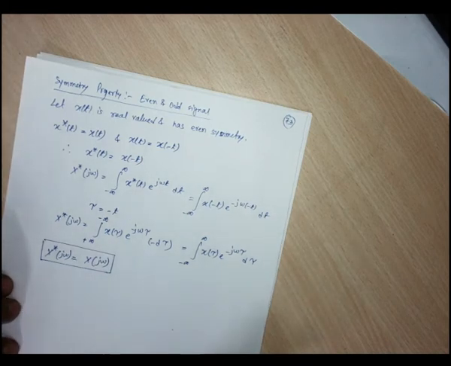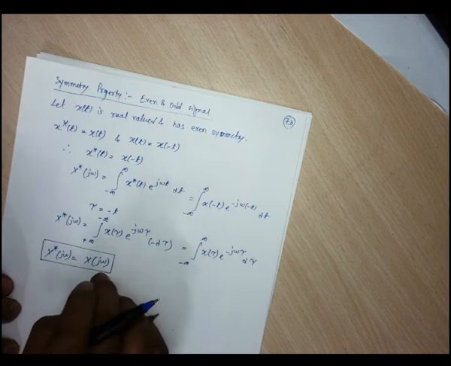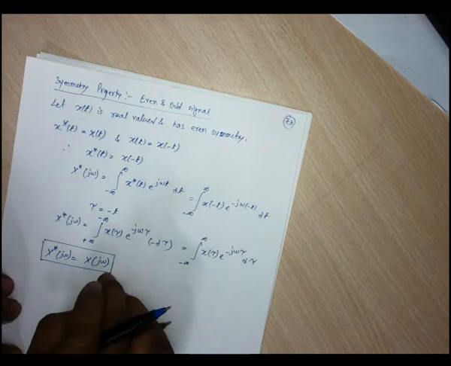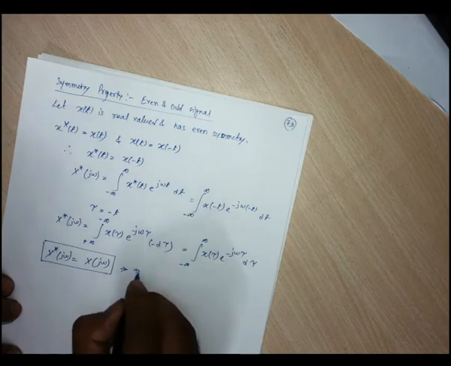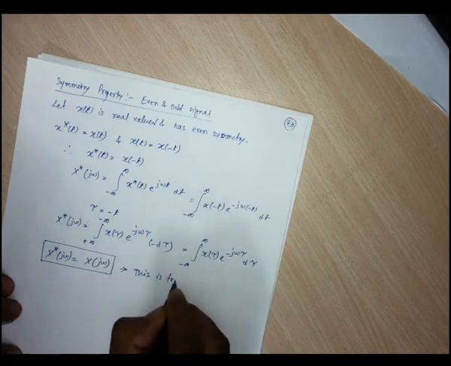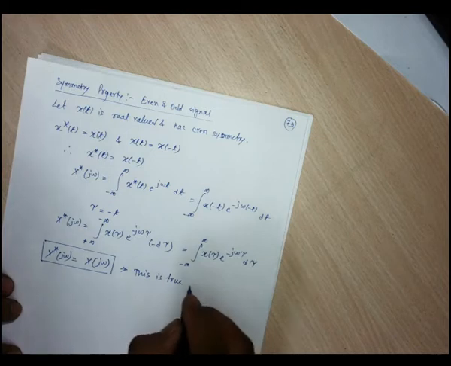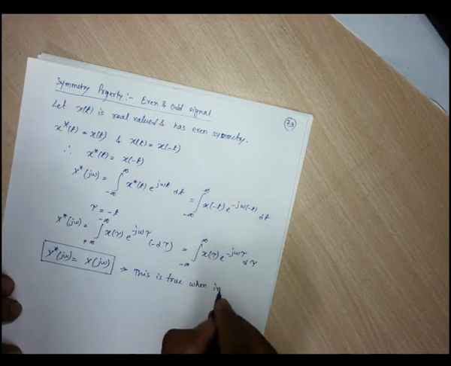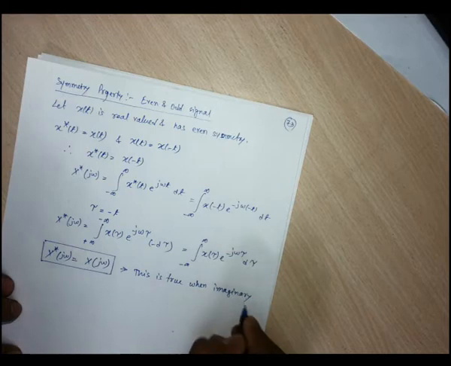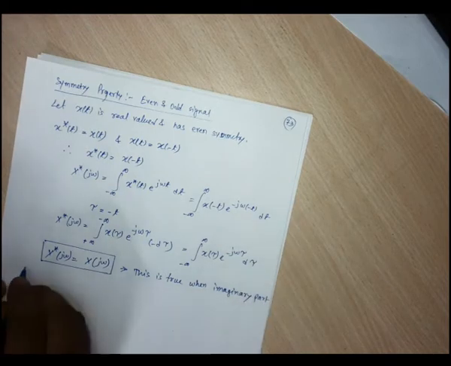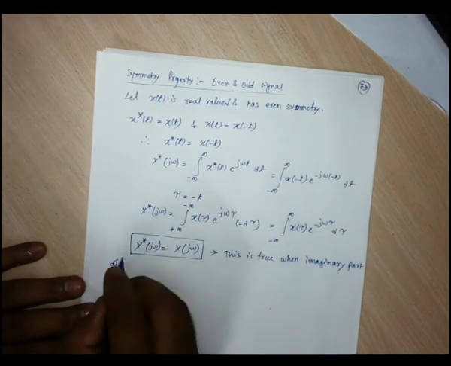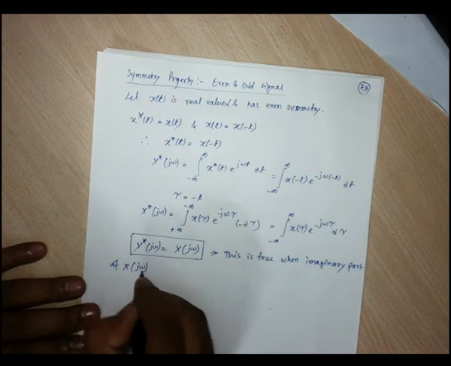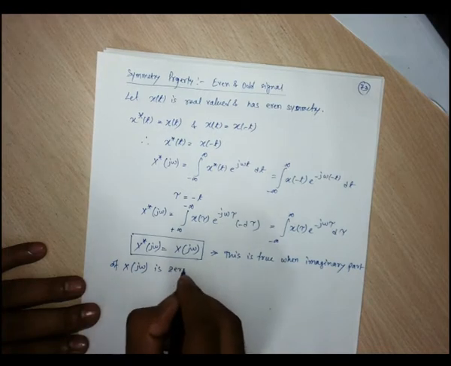Okay, so this condition is possible if and only if the imaginary part of x of j omega is 0. Okay, so this is true when the imaginary part of x of j omega is 0, right?